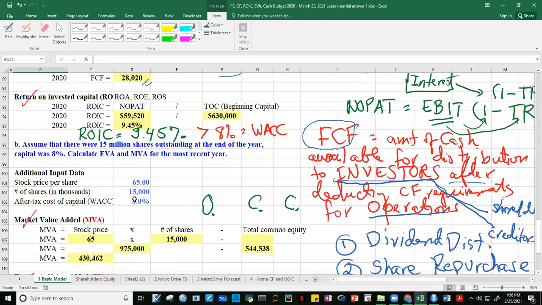Si WACC natin is 8%. So ibig sabihin nun, guys, okay yung performance natin, no? Based on the ROIC, 9.45% greater than 8%. So we know that value was created by virtue of the fact that ROIC was greater than WACC.